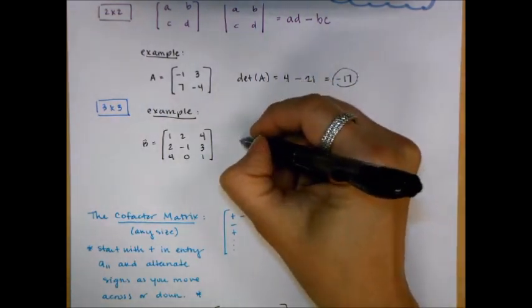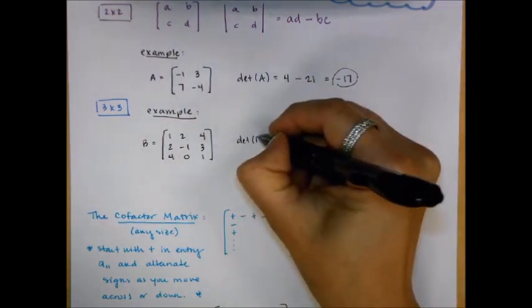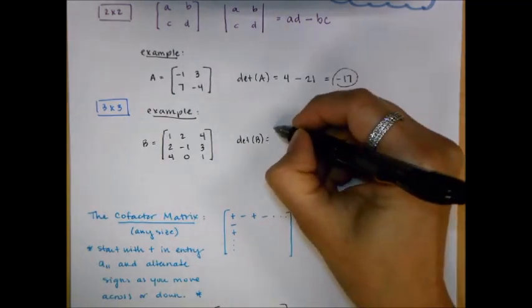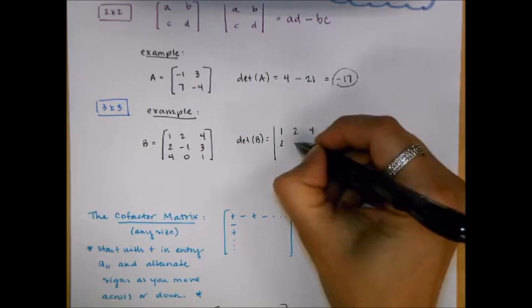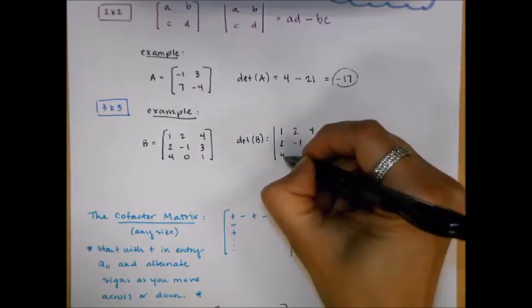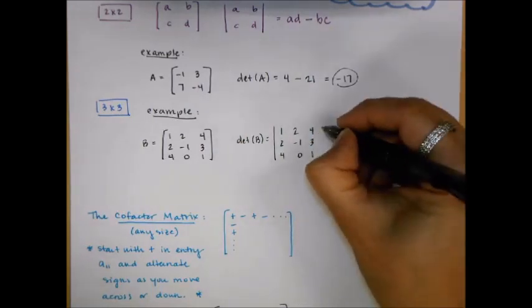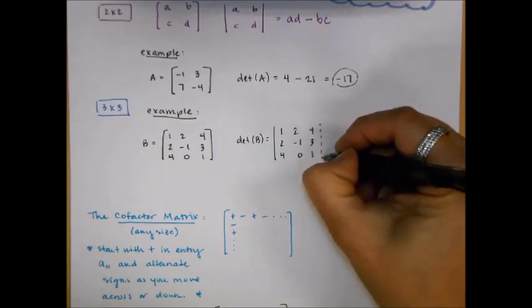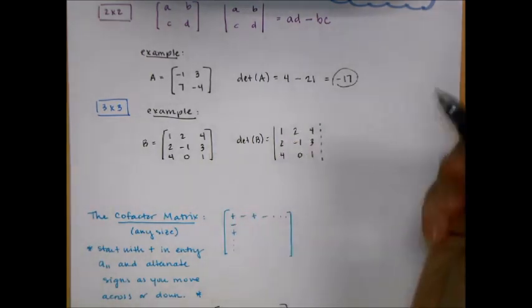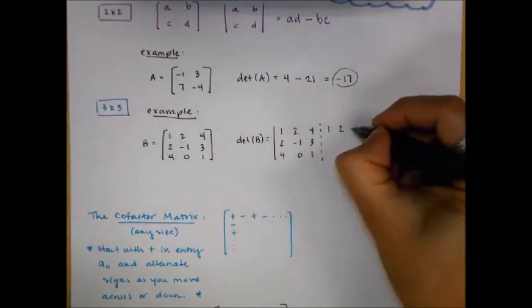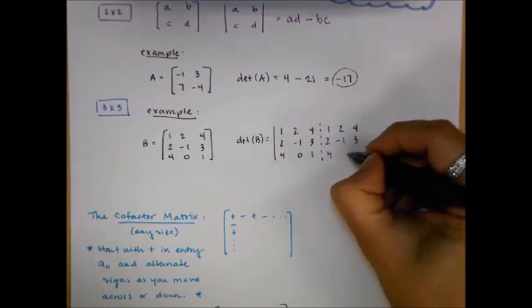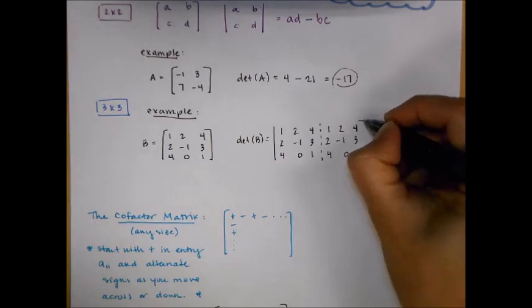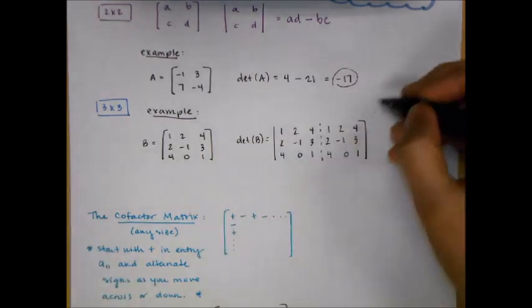So to find the determinant of matrix B, I'm going to take my matrix here, and I'm going to make a little dashed line and repeat the matrix. Oh, that should just be a line there.